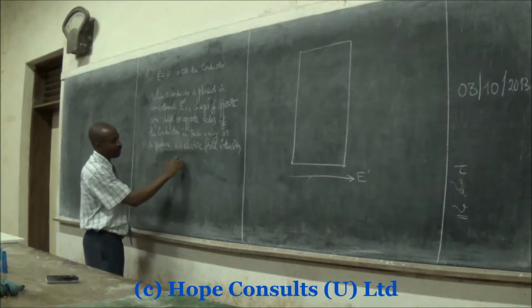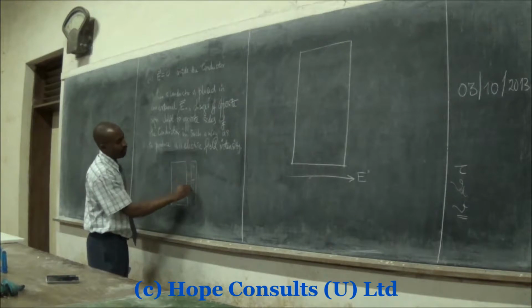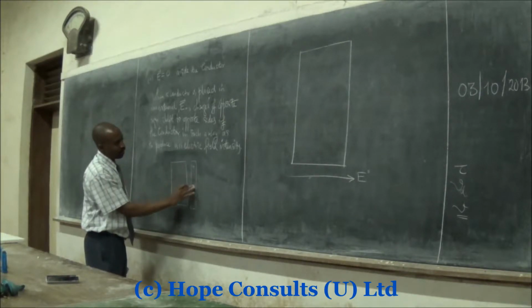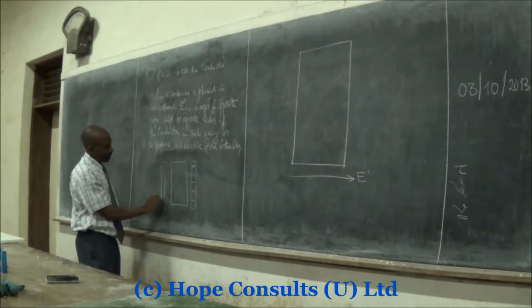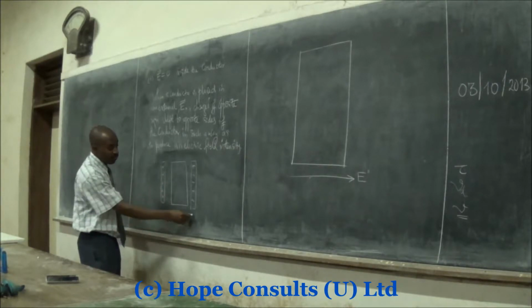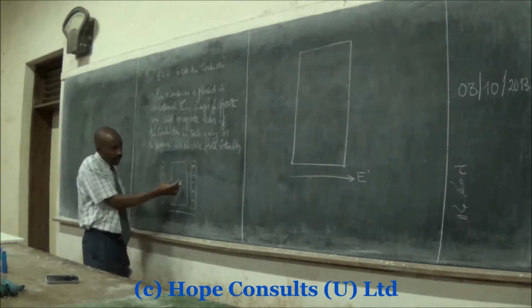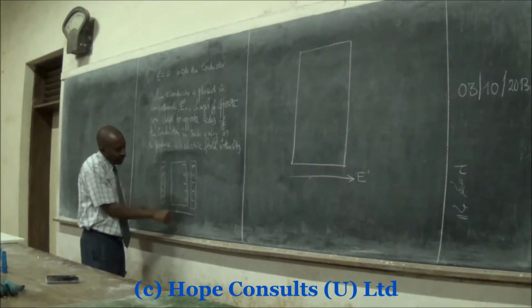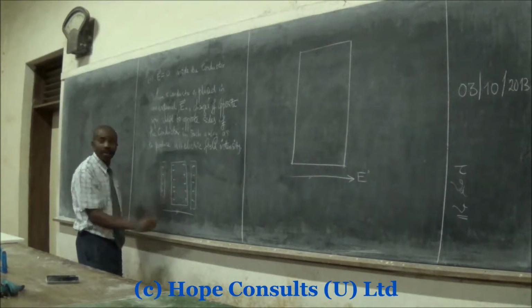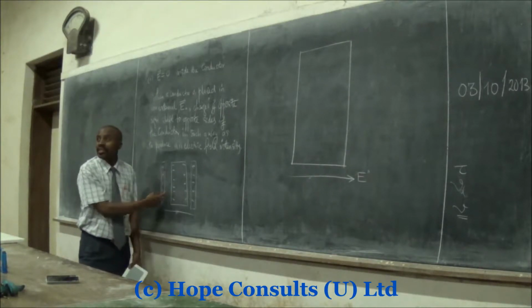We can say this is a negative plate, and then have a positive plate here, and that means the field will be from positive to negative. That is where the idea of positives being attracted to one side and negatives to the other comes from, but in the book or in my notes, you are not going to see these plates in place.